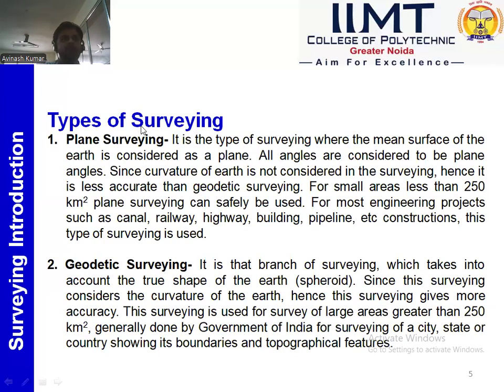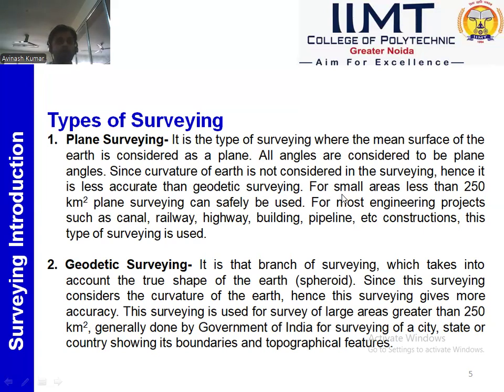Now, types of surveying. There are two types of surveying. One is plane surveying and the second one is geodetic surveying. We know that Earth is a sphere, but when a small distance is concerned, we ignore the curvature of Earth. So what is that small distance? If I talk about distance, then that distance is 12 kilometers.